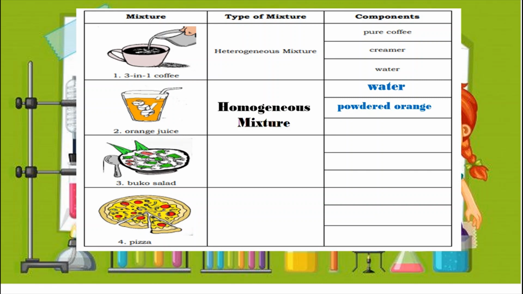But kung ang imong ibutang dira kay orange jud nga prutas nga imuhang i-squeeze dira sa tubig, ang type nga mixture diya kay heterogeneous kay naa may pulp na makita.